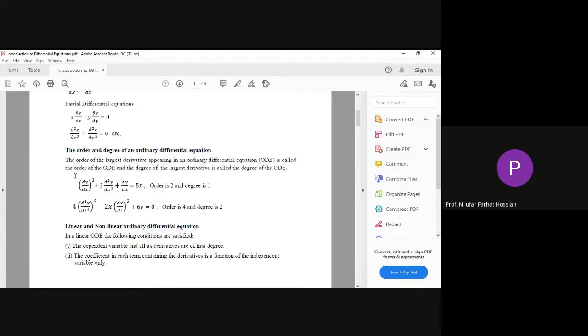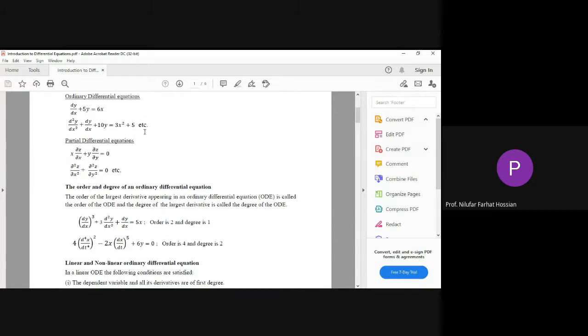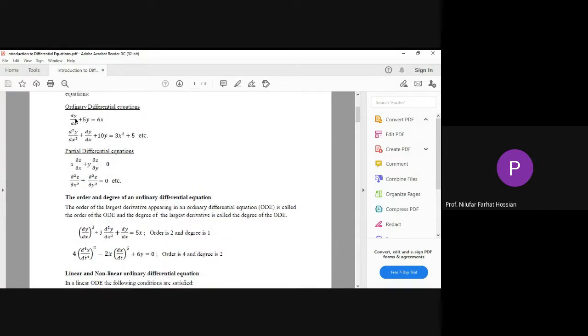What is the definition of the order? The order of the largest derivative. Largest derivative means the highest order derivative appearing in an ODE is called the order of the ODE. So let us go back to the equation here. Take the first equation. There is only one term here.